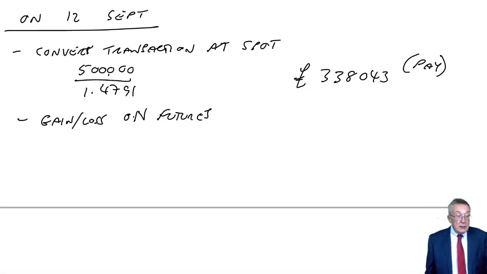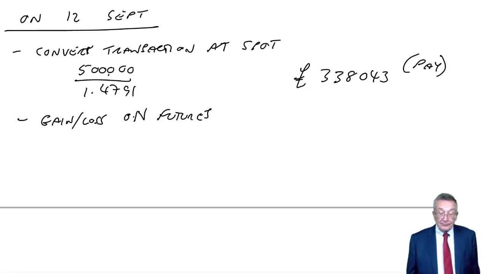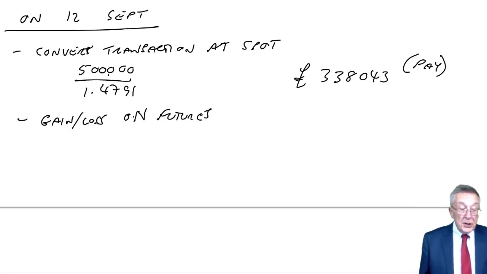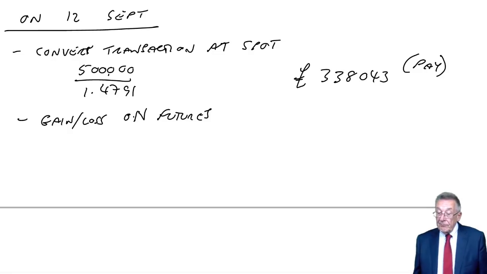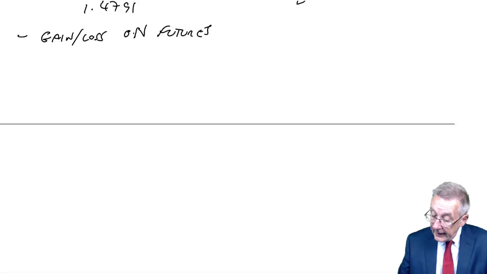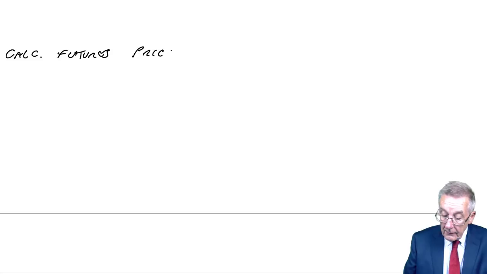And of course, we can't do that until we know what the futures price will be on the 12th of September. And so I'm going to have to leave a gap, and let's calculate or estimate the futures price on 12th September.